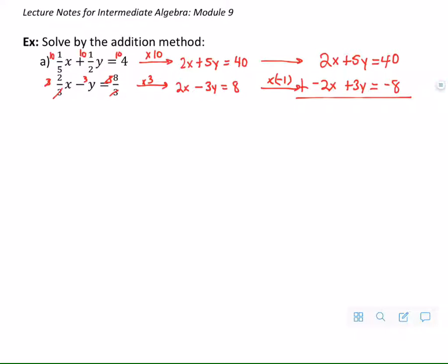Now, when I add, the 2x minus 2x is gone. I get 5y plus 3y, which is 8y equals 32. Divide both sides by 8. Y is four.